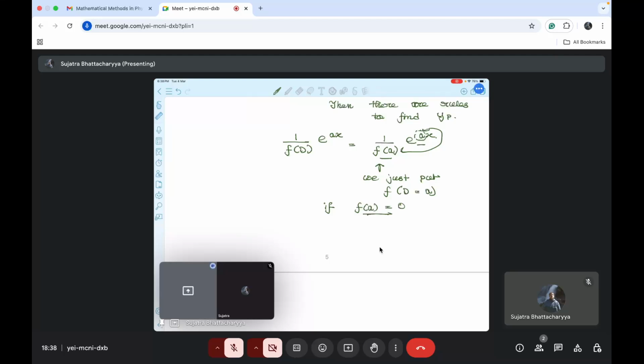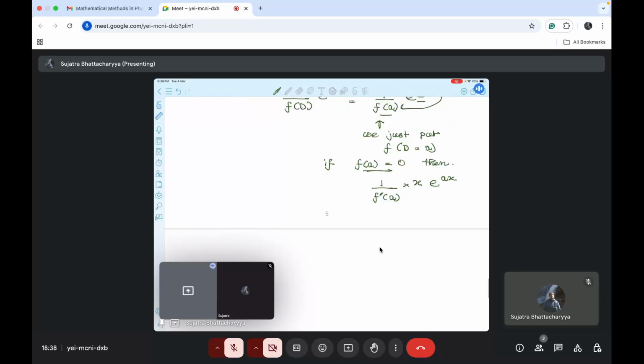If this is the case, then what will you do? Then you differentiate the denominator with respect to D, and in the numerator you multiply by x e to the power ax. So if this is the case, multiply x in the numerator and differentiate f of D with respect to D and put D is equal to a.